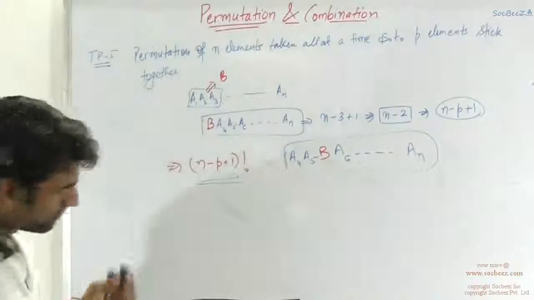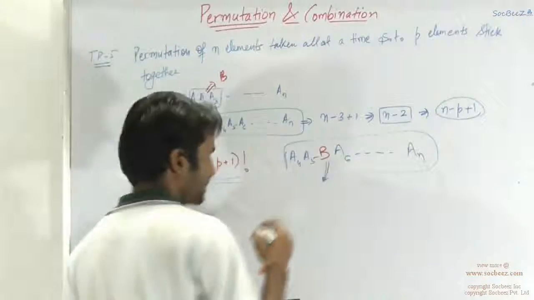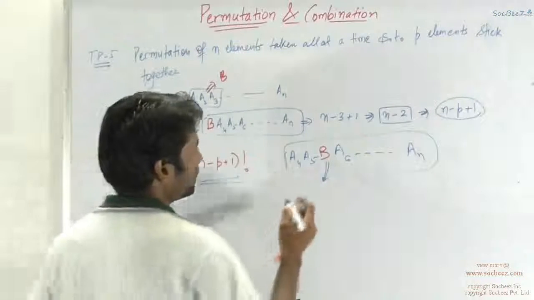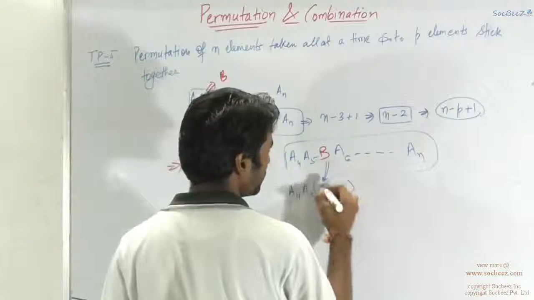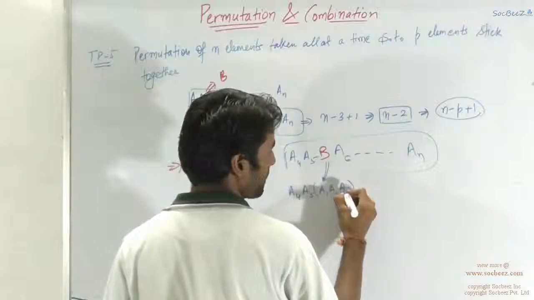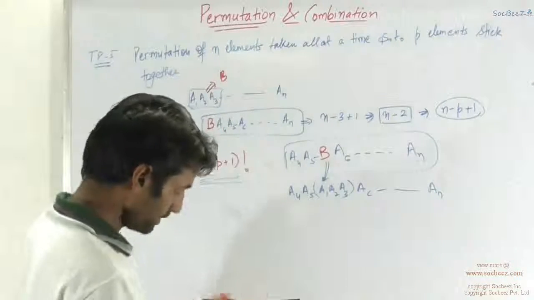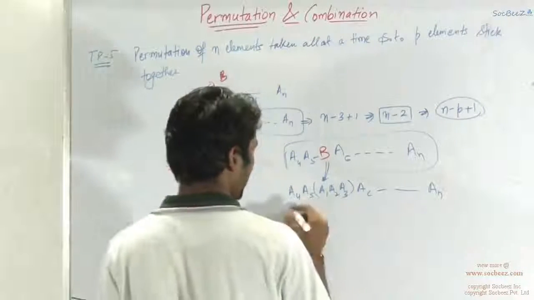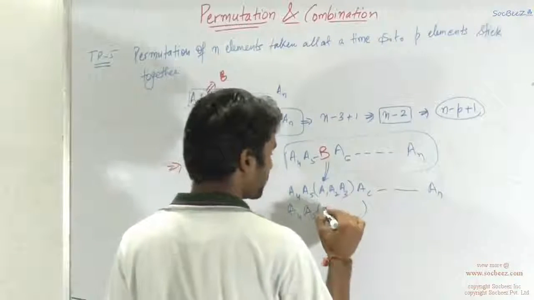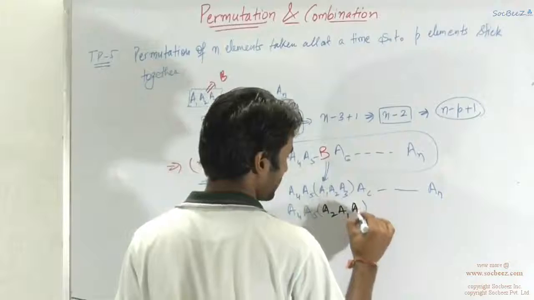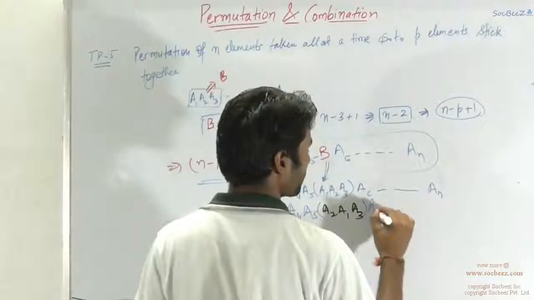If I now deconstruct this element B, it could be deconstructed in such a way: A4, A5, then A1, A2, A3, A6 till An, or similarly A4, A5, with the deconstructed block being A2, A1, A3, because in this case also all three are together, there is no one in between them.